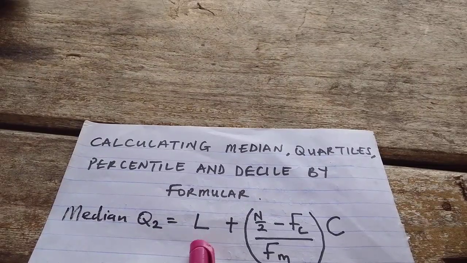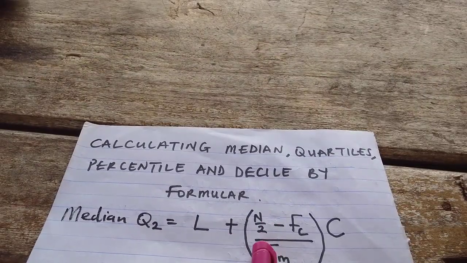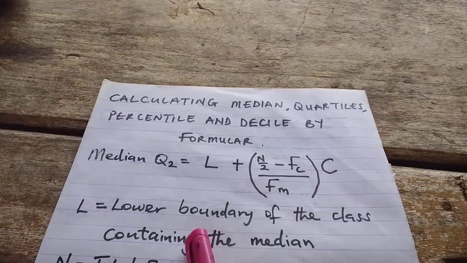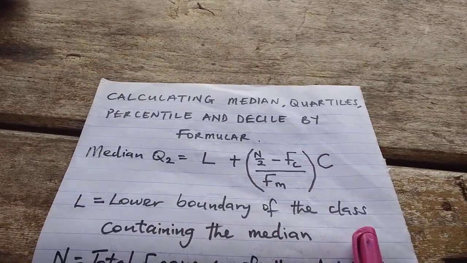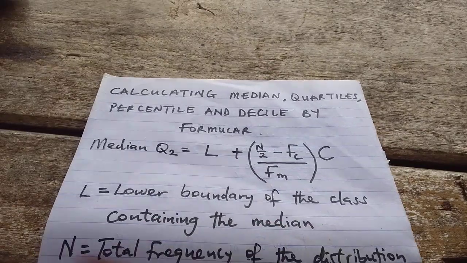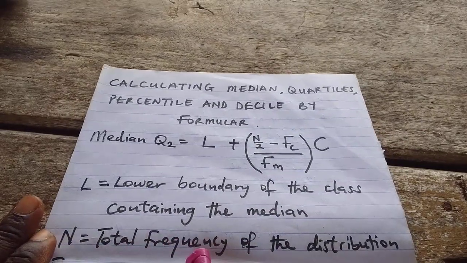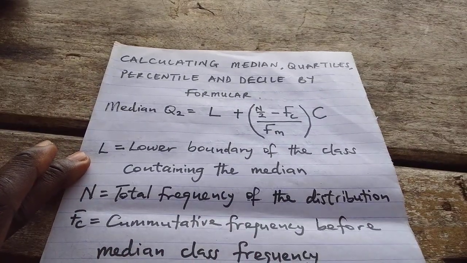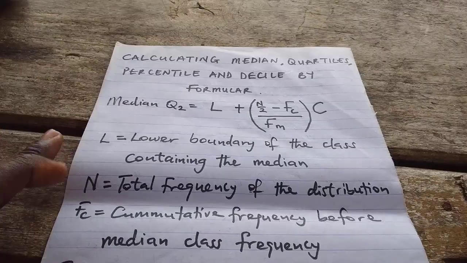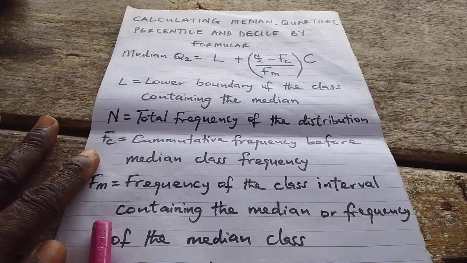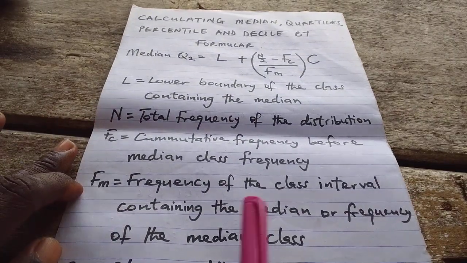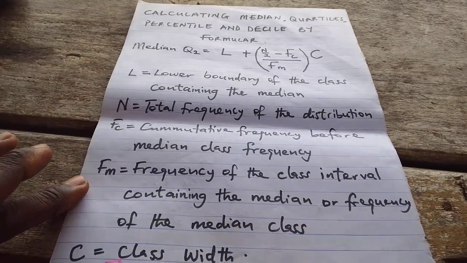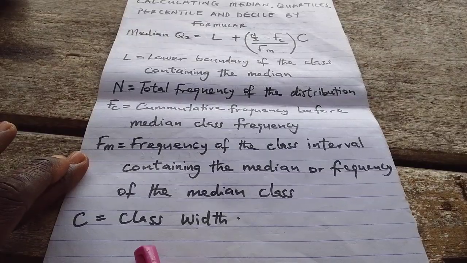That is equal to L plus (N over 2 minus FC) over FM, times C. Where L represents the lower boundary of the class containing the median, N represents the total frequency of the distribution, FC is the cumulative frequency before the median class, FM is the frequency of the class interval containing the median, or frequency of the median class, and C is the class width.